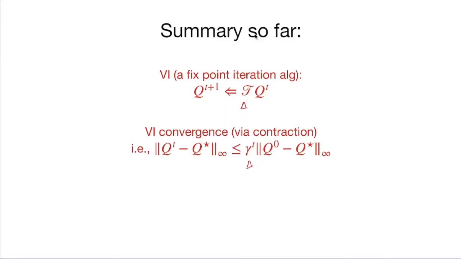Imagine a situation where the second optimal policy's Q function is very close to the first optimal policy's Q function. Then value iteration needs to run arbitrarily many iterations to make sure the error between Q t and Q star is less than that gap. At that stage, you can separate the optimal policy from the second best policy. But the gap could be arbitrarily small, which means value iteration could take arbitrarily many iterations to distinguish the best policy from the second best policy.